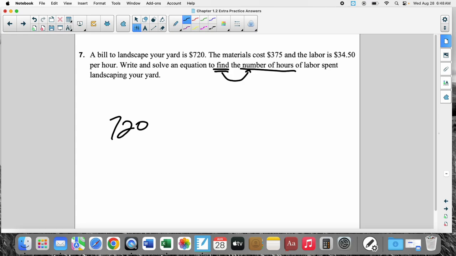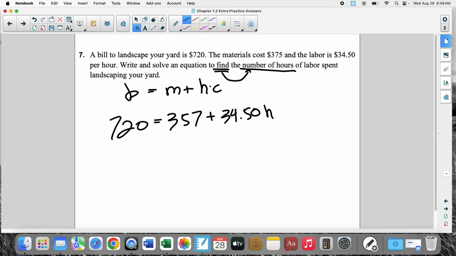So this is my bill is going to equal the materials plus the labor. And labor, L, is the number of hours times the cost per hour. So that's how we do that. So we have this material cost, $375, and then we are charged $34.50 per hour.